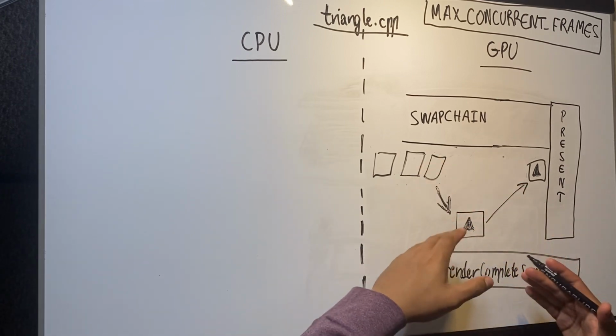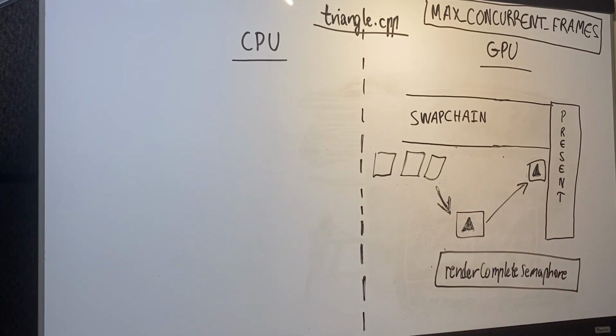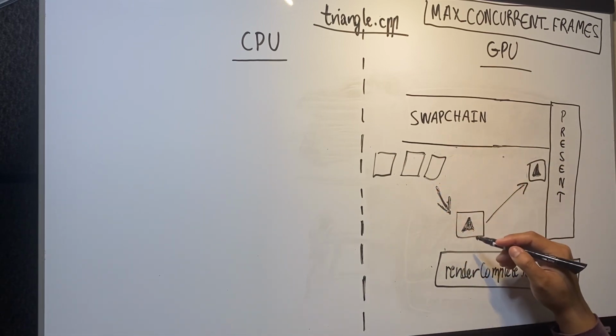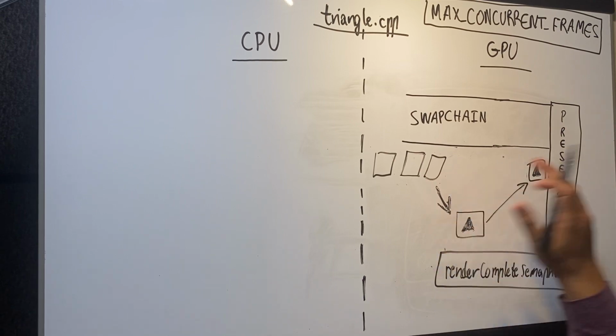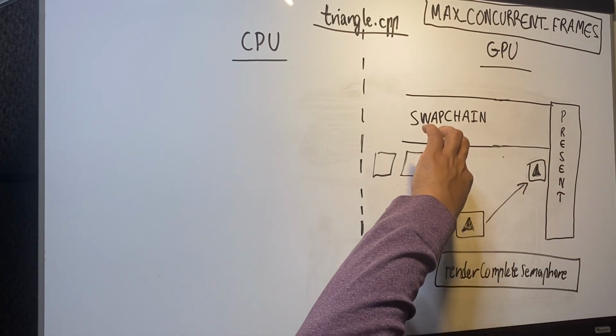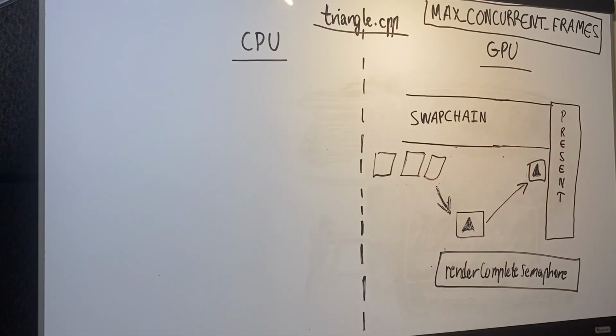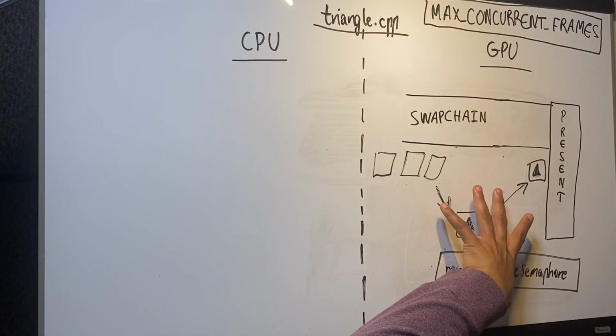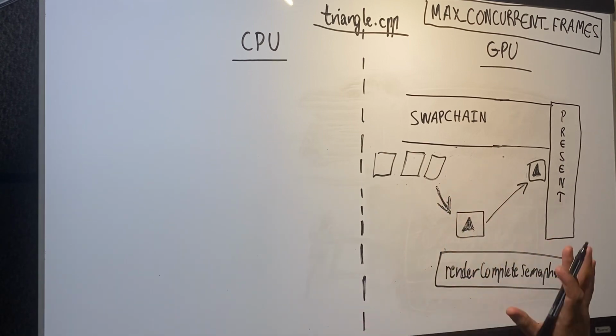So here, before we could even get a frame in order to draw on, we have to make sure that this guy is finished, right? Because again, we can't take a frame that's actively being presented to the screen. So this process is going to wait on present complete. Well, you know what? Let's not even go there.